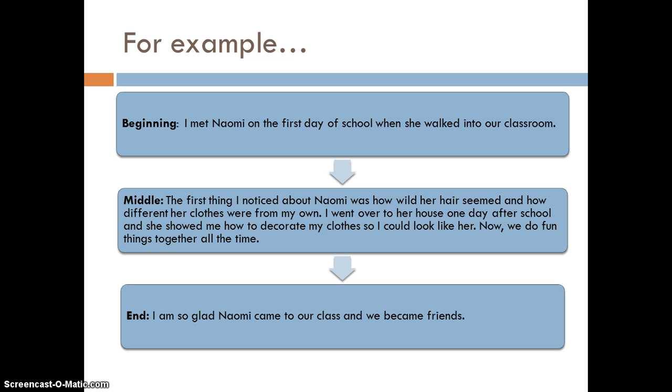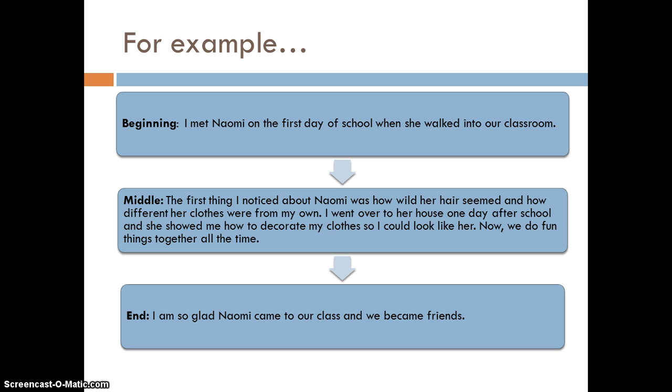The middle of my story will include how we became friends and some of the things that we like to do together, the real meat of the story within the middle. And then finally, the end of my story will include how I feel about Naomi and our friendship. So you can see some of the beginning, middle, and end things that will happen in there.